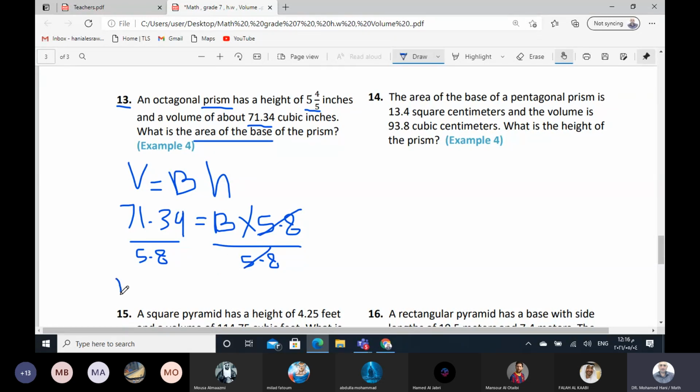Remains here the area of the base, equal 71.34 divided by 5.8. So the answer will be 12.8 cubic inch.